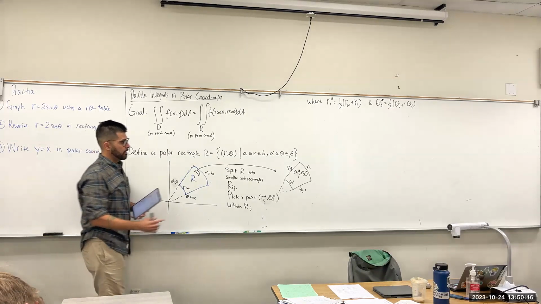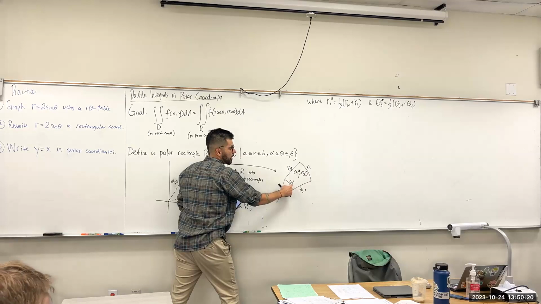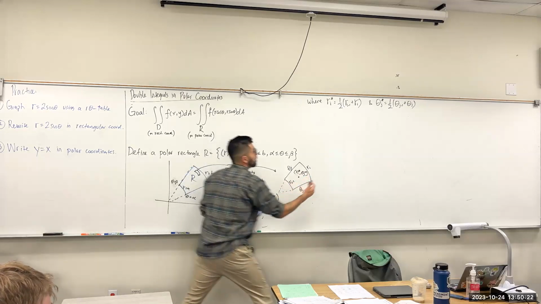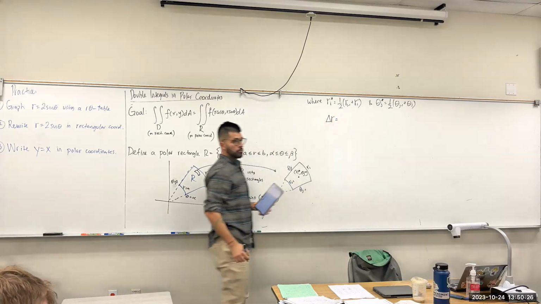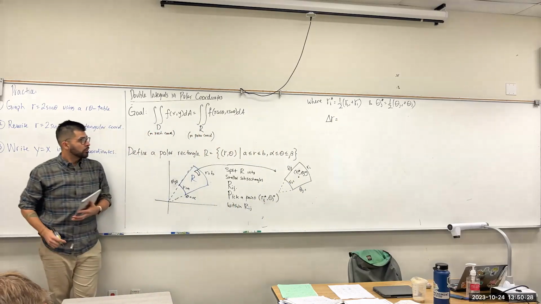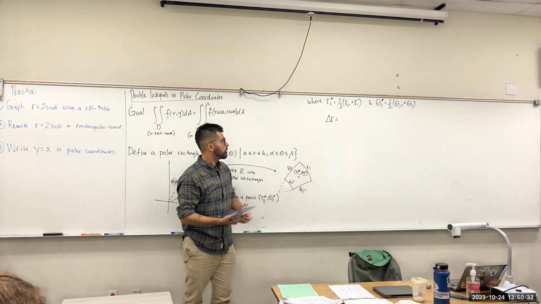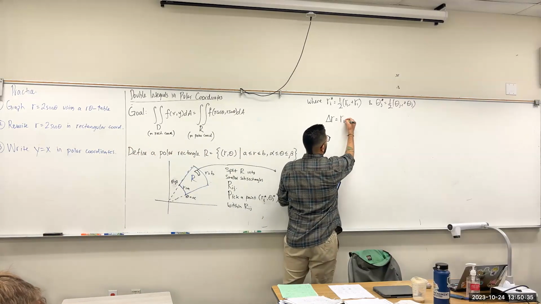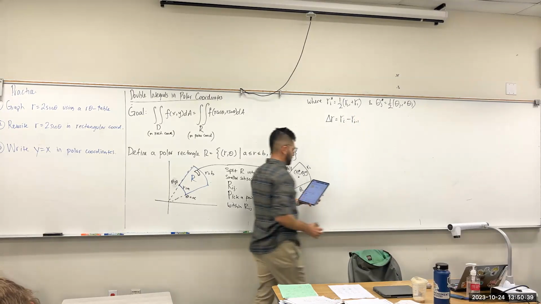Okay. This length from Ri minus 1 to Ri, we're going to call that delta R. So what is it? It's just the distance between these two R's. So I just subtract Ri minus Ri minus 1.